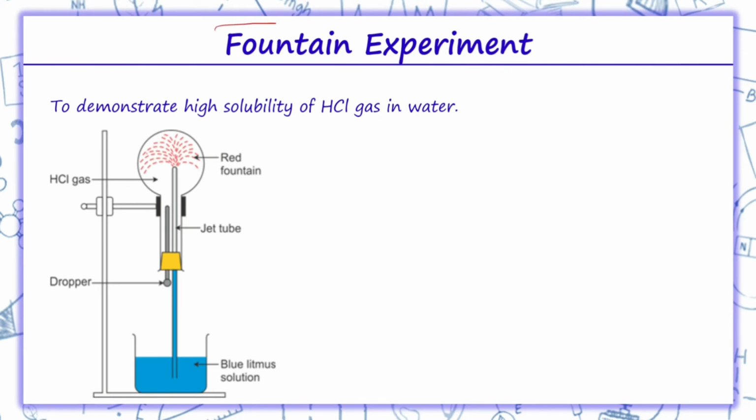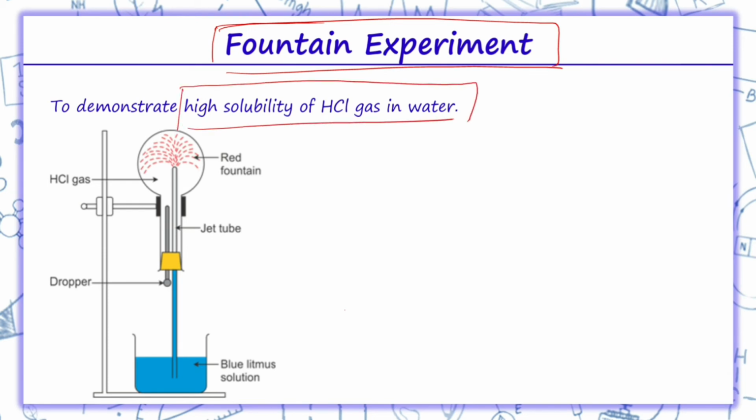Coming to the next experiment, which is the fountain experiment. In this experiment, we are about to show the high solubility of HCl gas in water. Here we have a dry round bottom flask in which dry HCl gas is placed. The mouth of this flask has two holes, one for the dropper and one for the jet tube. Now the dropper containing water is squeezed and water enters the flask.